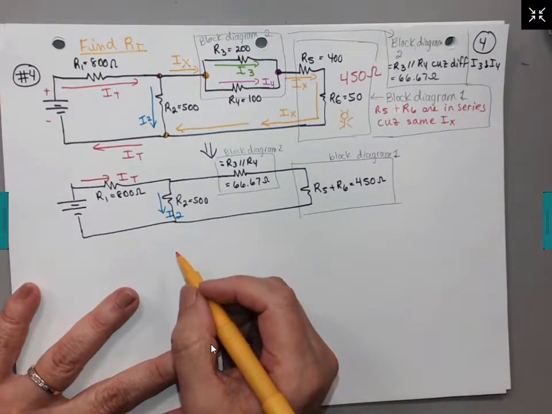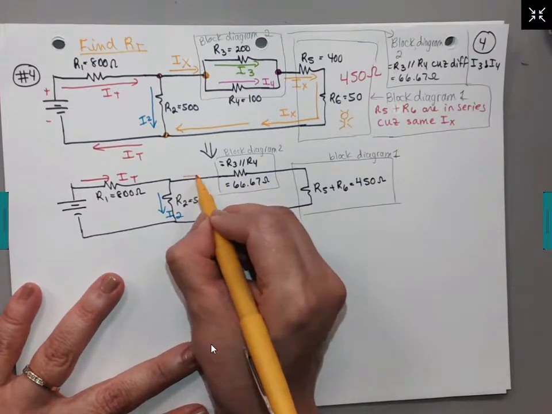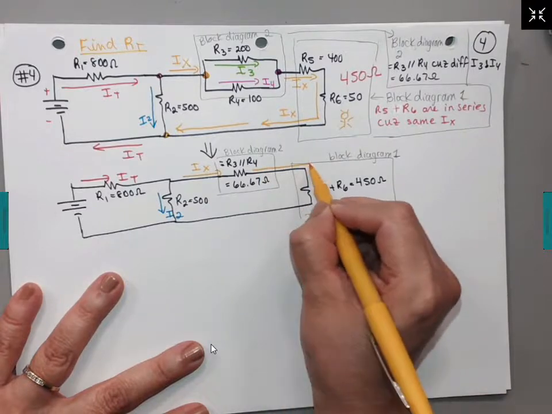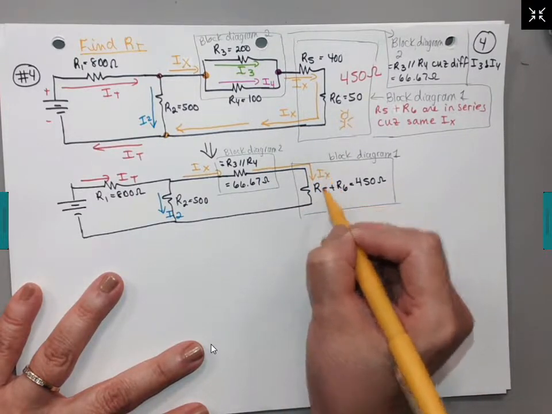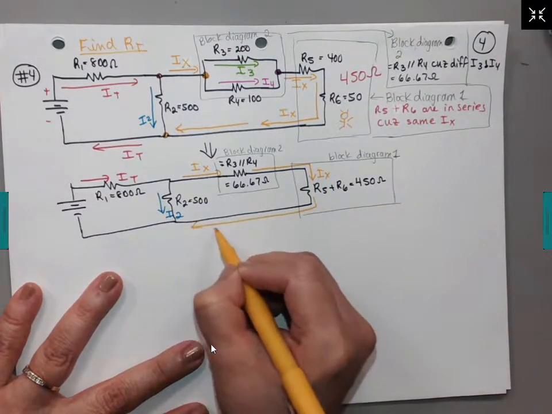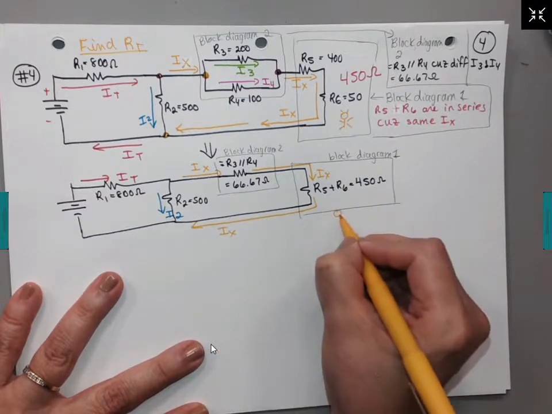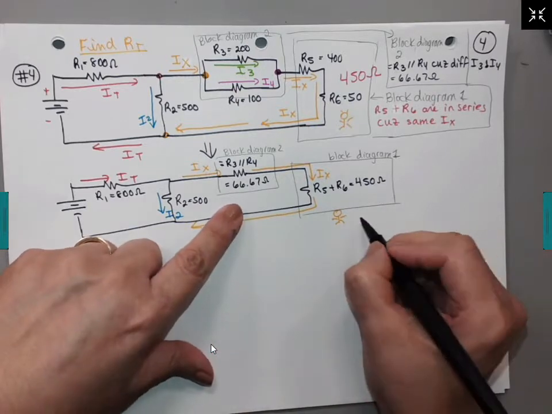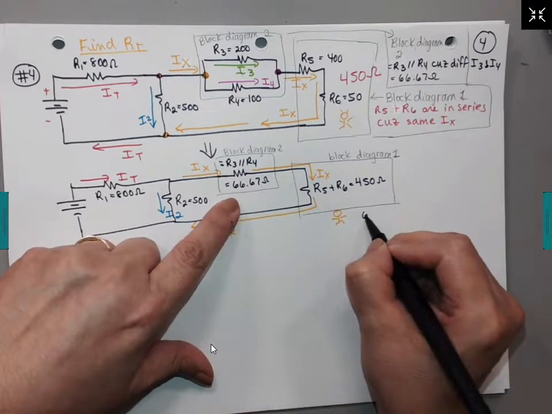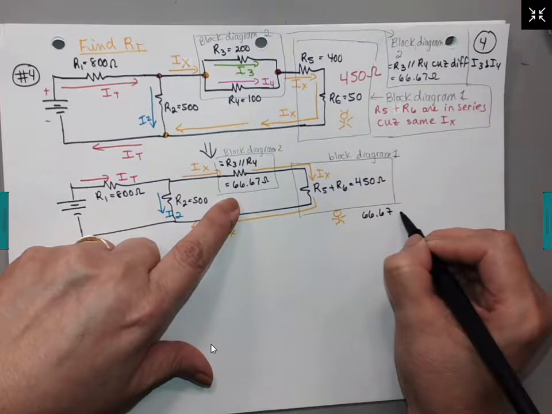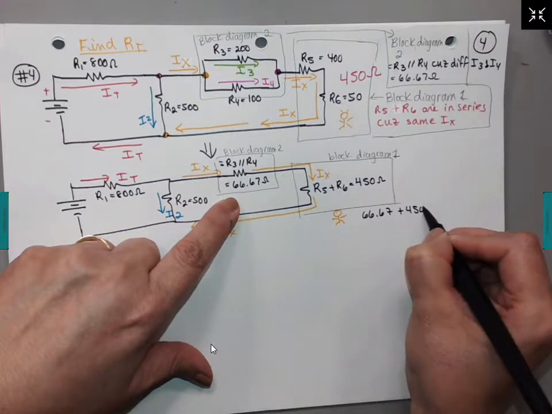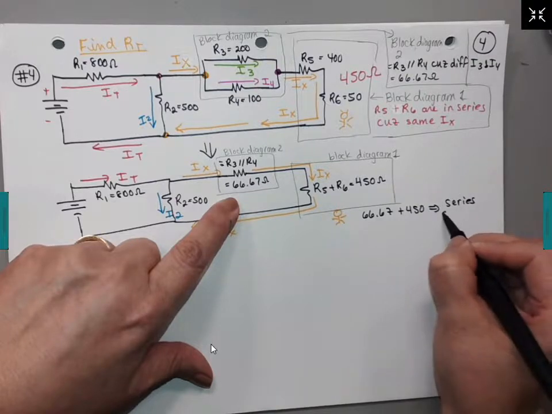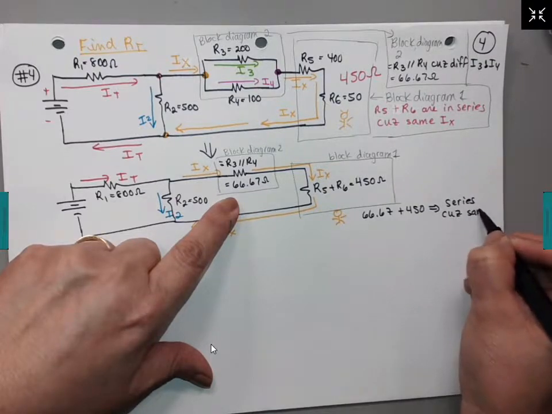They are in series because we have one resistor, we call him IX. The same current goes around the corner and comes back as IX. So he sees those two guys in series: 66.67 plus 450. They are in series because they have the same current.